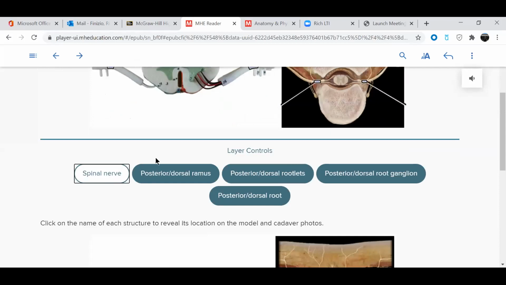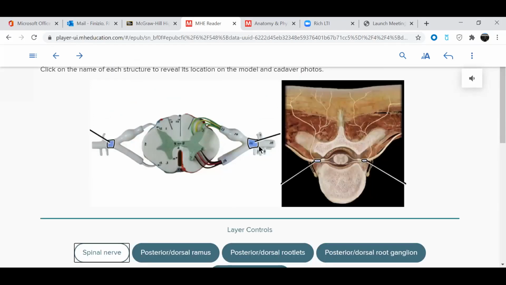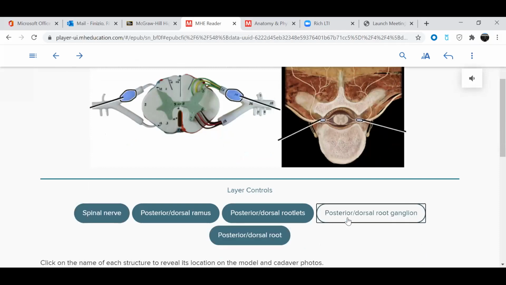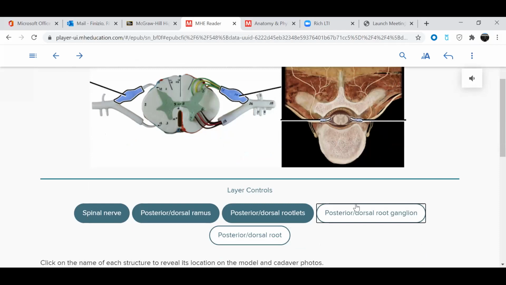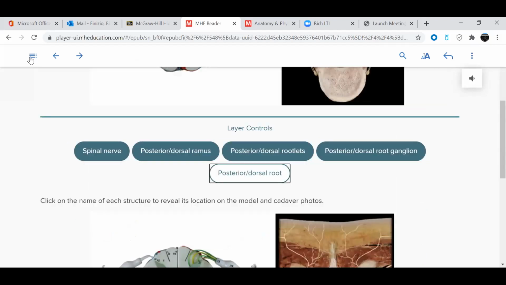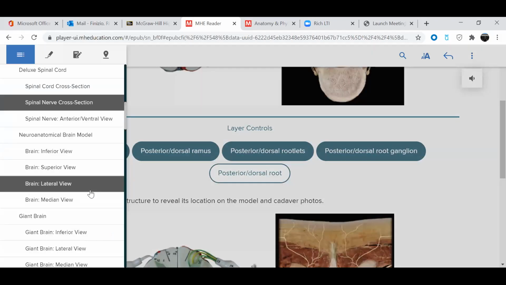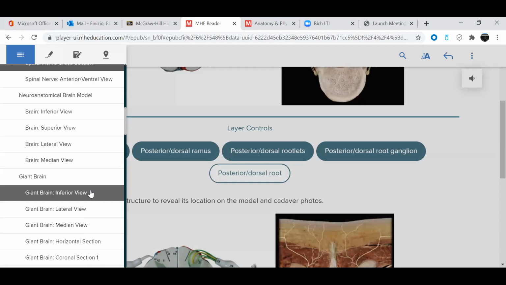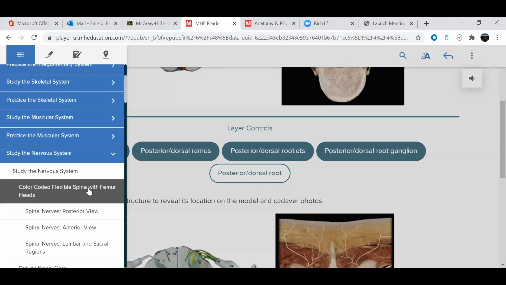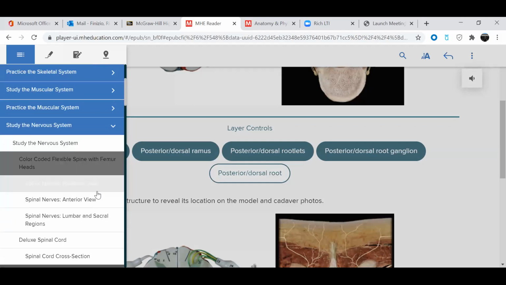Spinal nerve, right? Make sure that's a spinal nerve, and then the dorsal root ganglion. Just the ganglion, the whole dorsal root. So that's pretty good. Let's see if there's anything else in here. Let me just pause and look for one more thing.